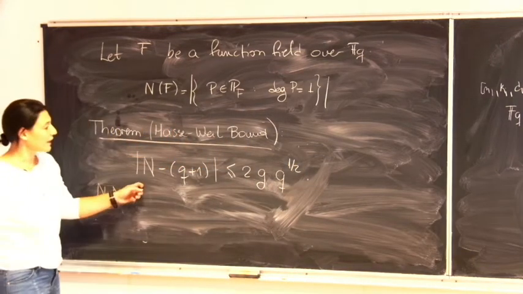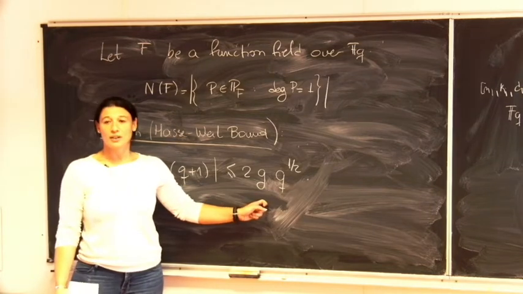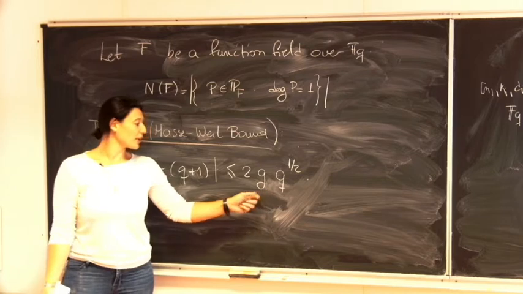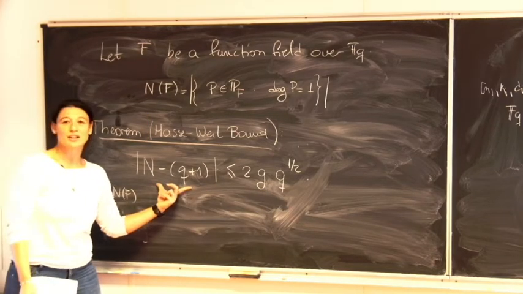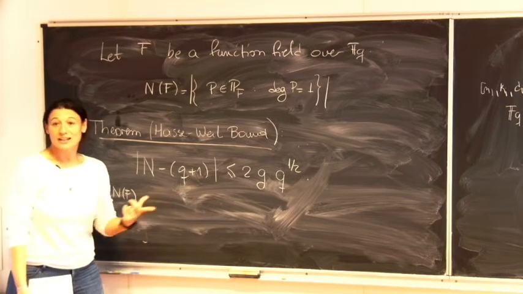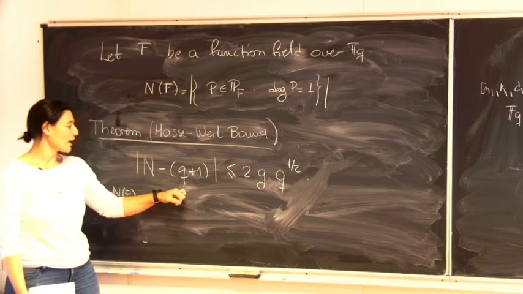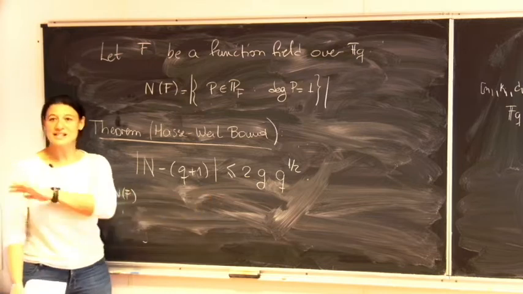And so in the case of genus 0, when I'm on the rational function field, for example, I get a 0 here, and so I see that it cannot go farther. Like we saw in the case of the rational function field, we have q plus 1 rational places, and that's all.